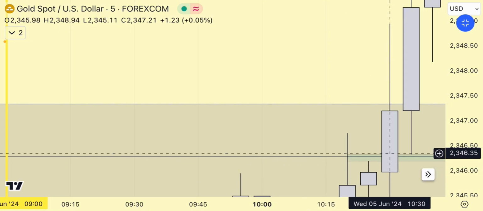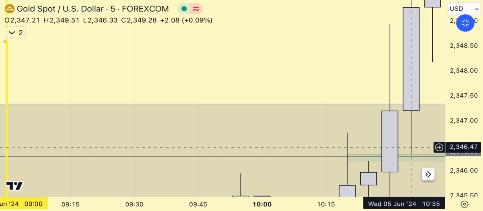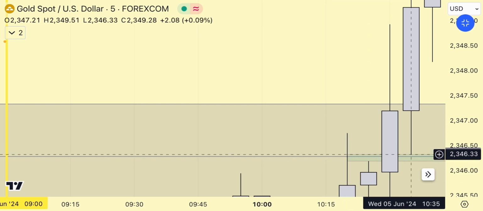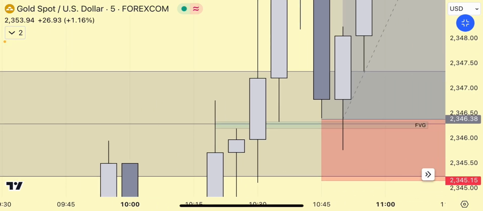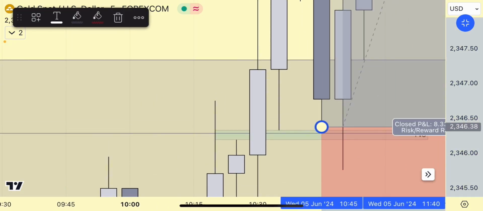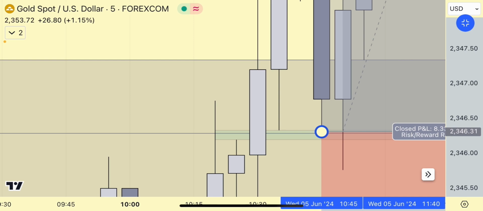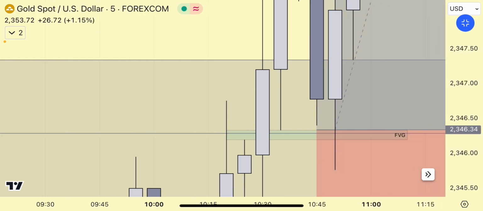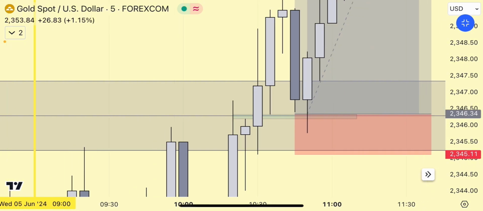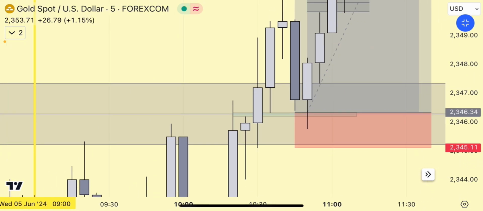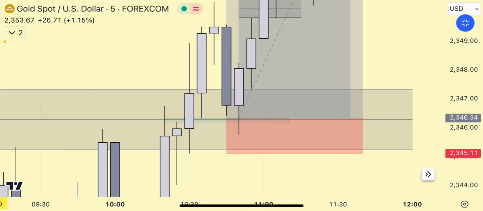You can go to any time frame, there will be a fair value gap within that area of interest. So here is the fair value gap we found, and that was where I took my entry. I stacked my position right here, keeping my stop loss just at this wick because of how impulsive we left that area.